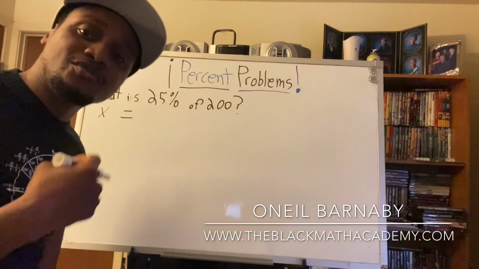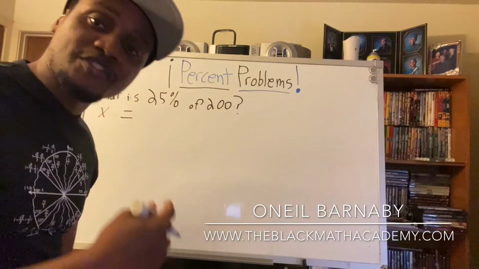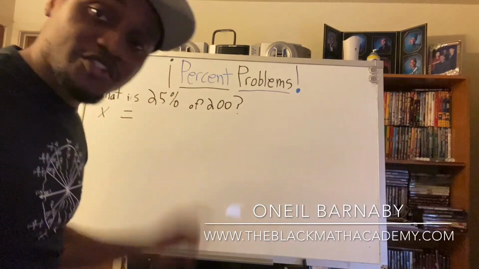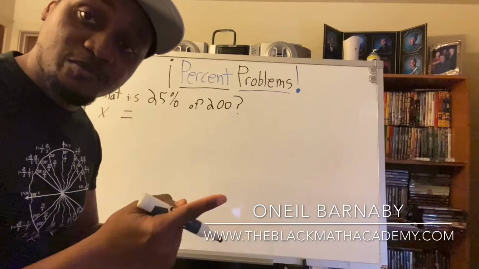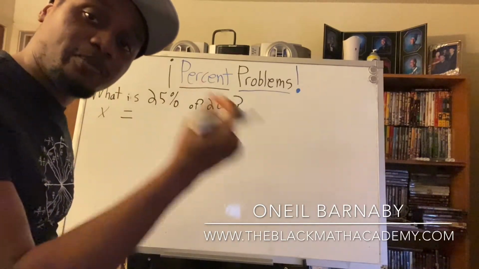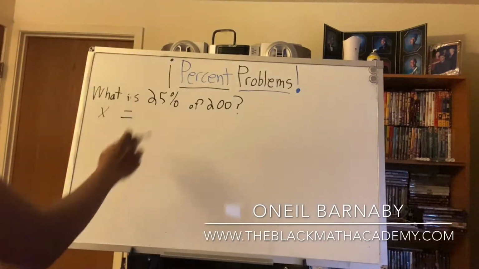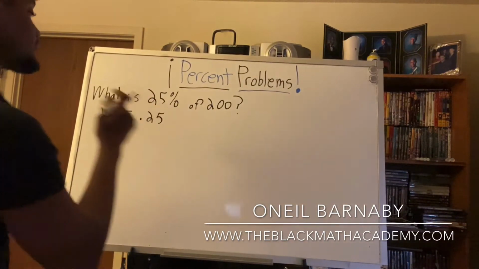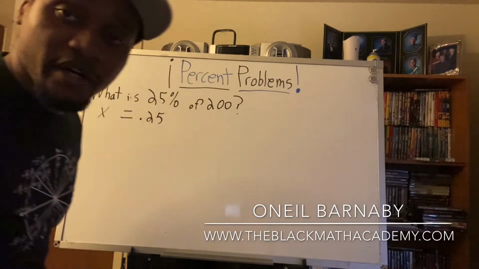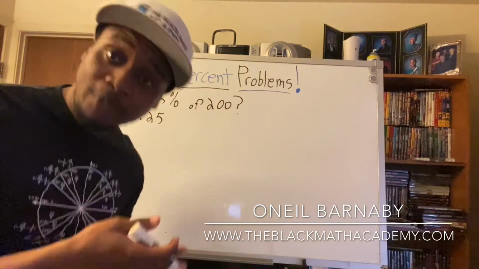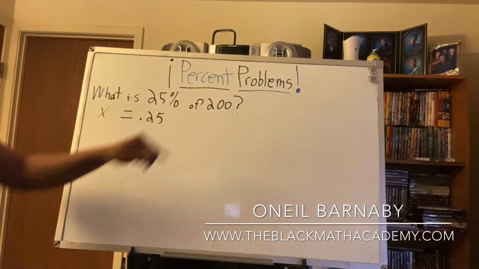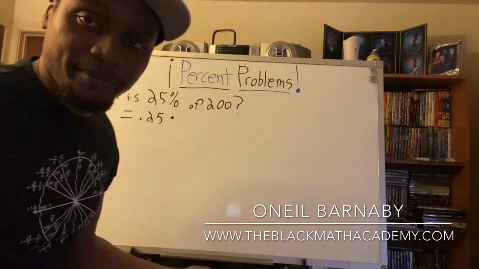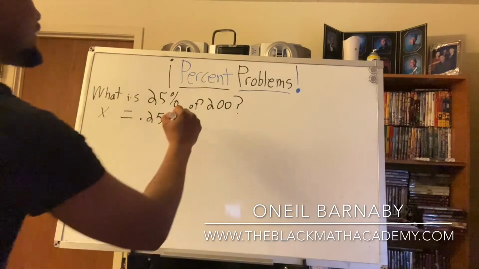25%: when it comes to percent problems, you have to turn the percent into a decimal to be able to actually do the calculations. So turn 25% into its decimal version by moving the decimal point 2 times to the left. So 25% becomes 0.25. The word of literally means multiply. And then 200 is just a number, so that comes along for the ride.